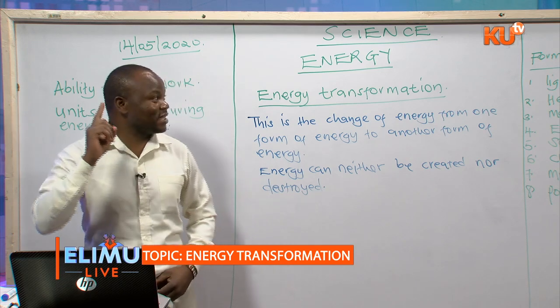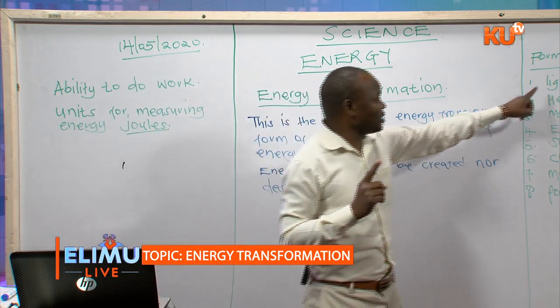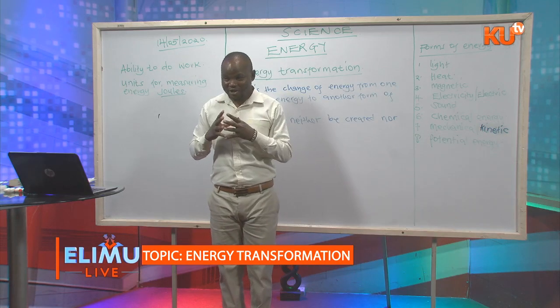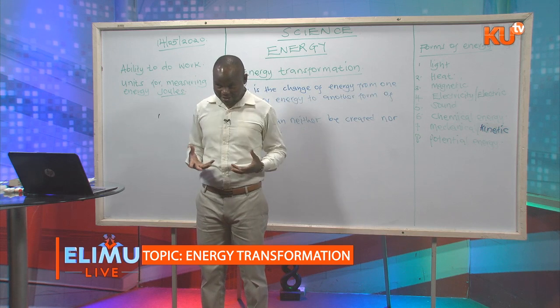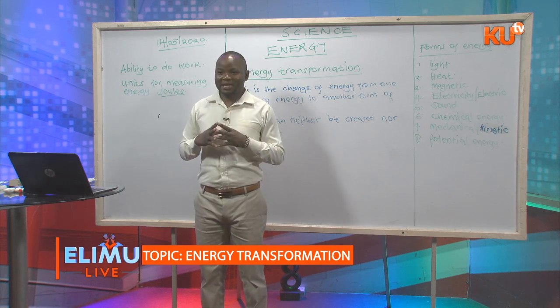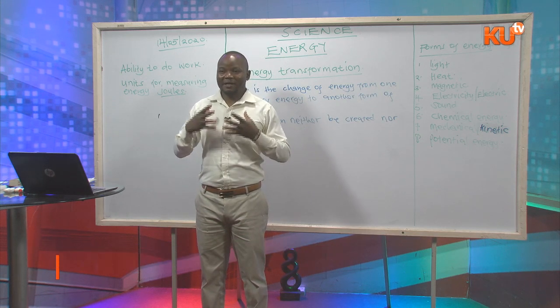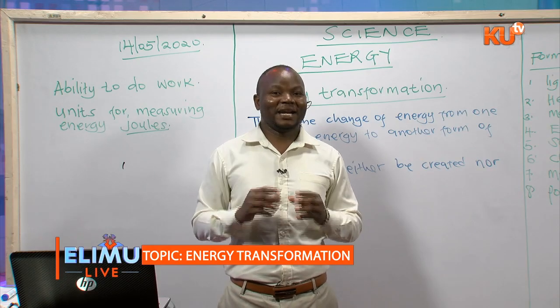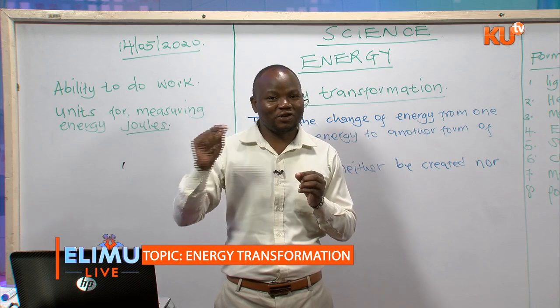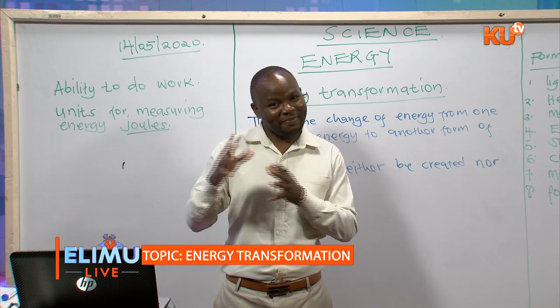I want you also to understand that light is a form of energy. But light energy can be reflected, light energy can be refracted, and light energy can also be dispersed.